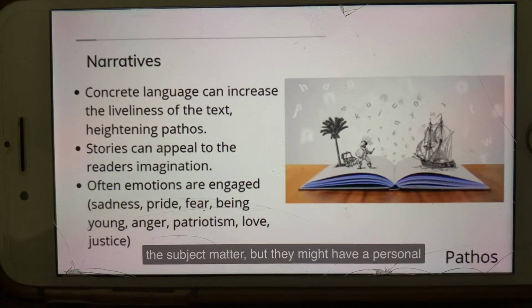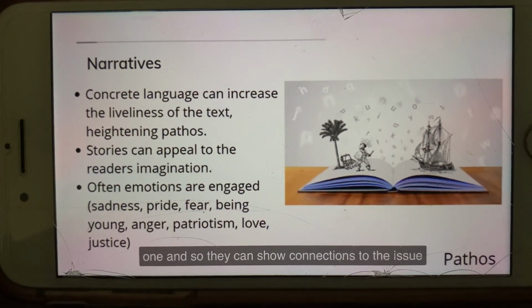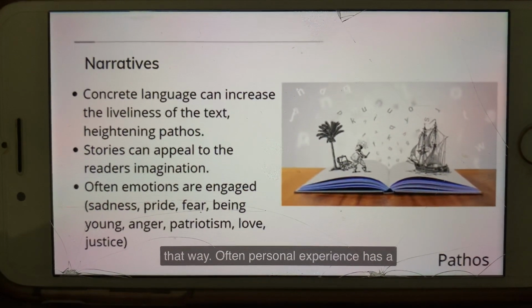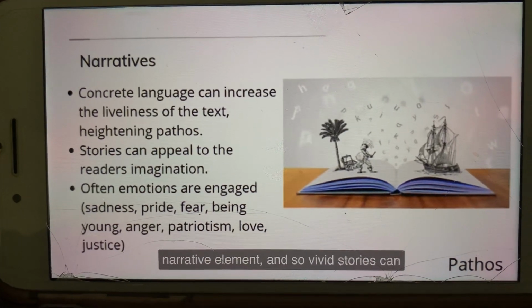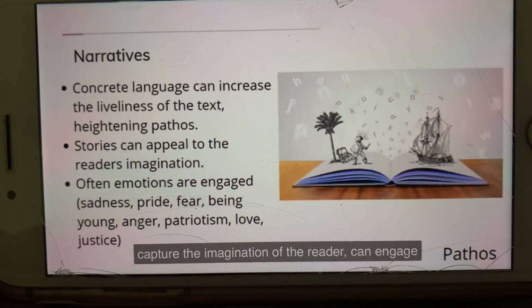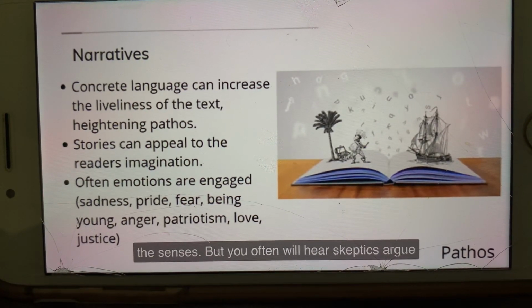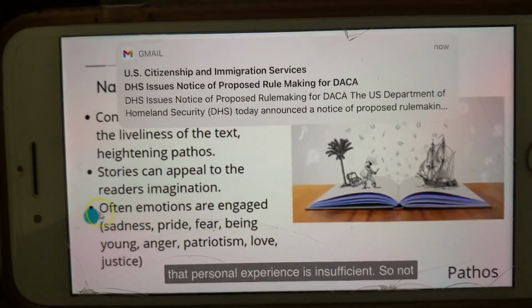Again, they can appeal to readers' imaginations, and often emotions are engaged. In fact, you'll see some emotional language sometimes in those narratives where the arguer is pointing out that the person being described is feeling sad or feeling fear or feeling determined, for example.